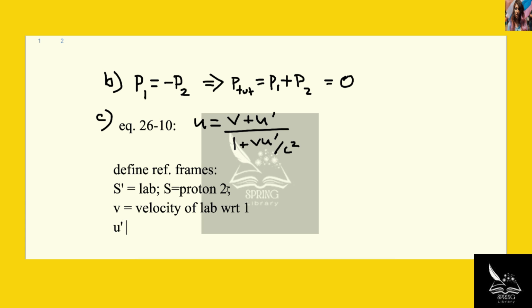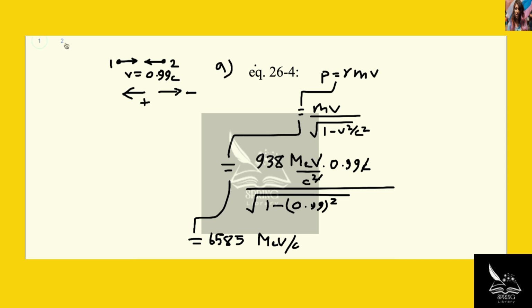u prime will be the velocity of proton 2 with respect to the lab, which is the rest frame. And so what we're going to find, u, is the velocity of proton 2 with respect to proton 1.